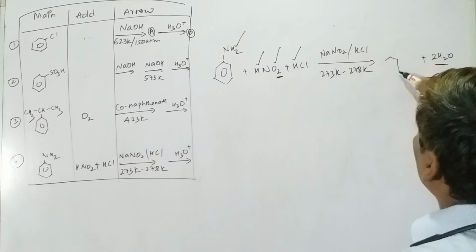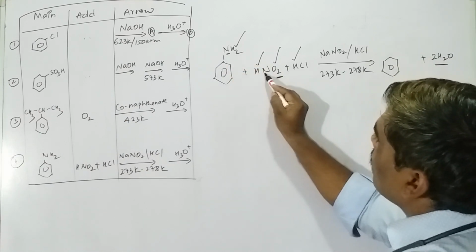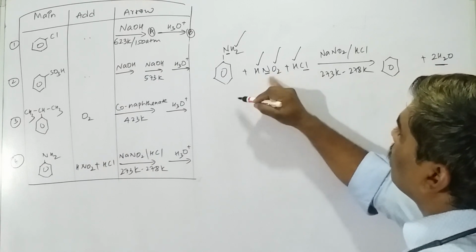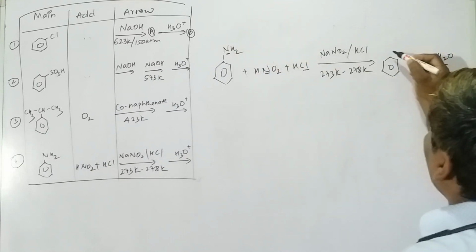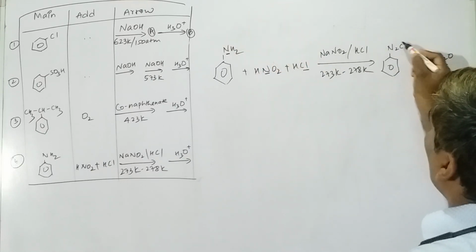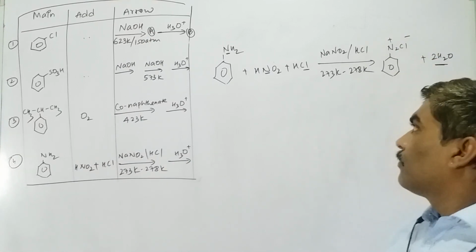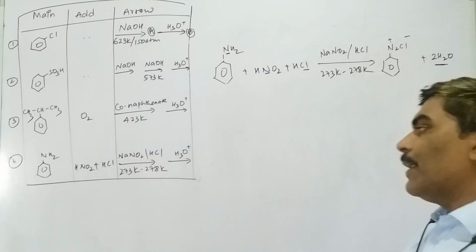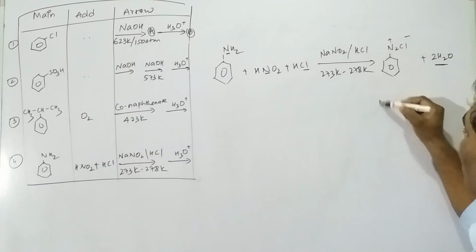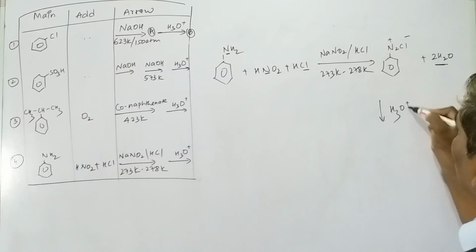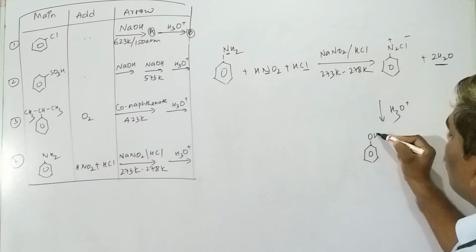You'll get this benzene, this nitrogen here, this nitrogen, and this Cl. That is benzene diazonium chloride. Now further, again for acid hydrolysis, directly you can write acid hydrolysis here, and the main product which you want is this phenol.